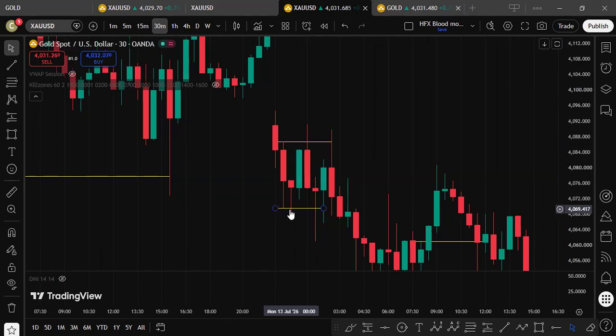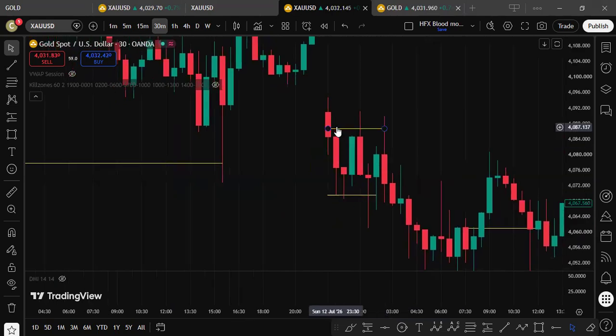So this was when I was trying to buy a pullback before the sale happened, right? My target was this 30 minutes candle. This was my entry. I saw this, the next candle swept below it and closed inside.